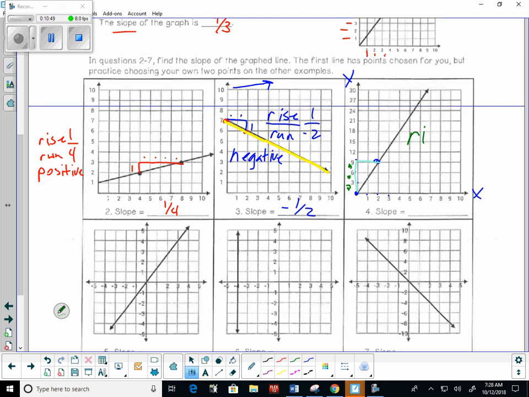So our rise equals 9. Run, we're counting by ones. And so we go 1, 2. And it looks like our slope is going uphill, so it's positive. Okay, so we've got 9/2 is our slope.